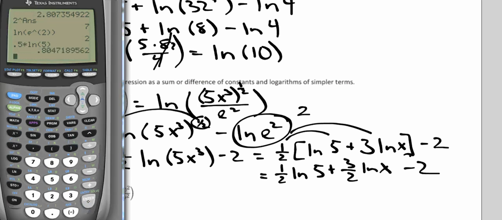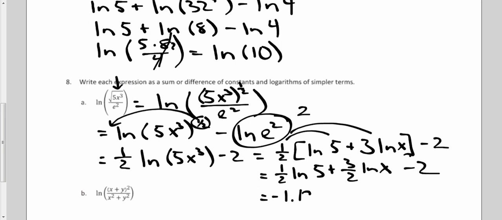And I get 0.8047189562. I'm going to minus the 2, and I get negative 1.1953. So this equals negative 1.1953 plus 3/2 natural log of x. Okay? And that is my final answer.